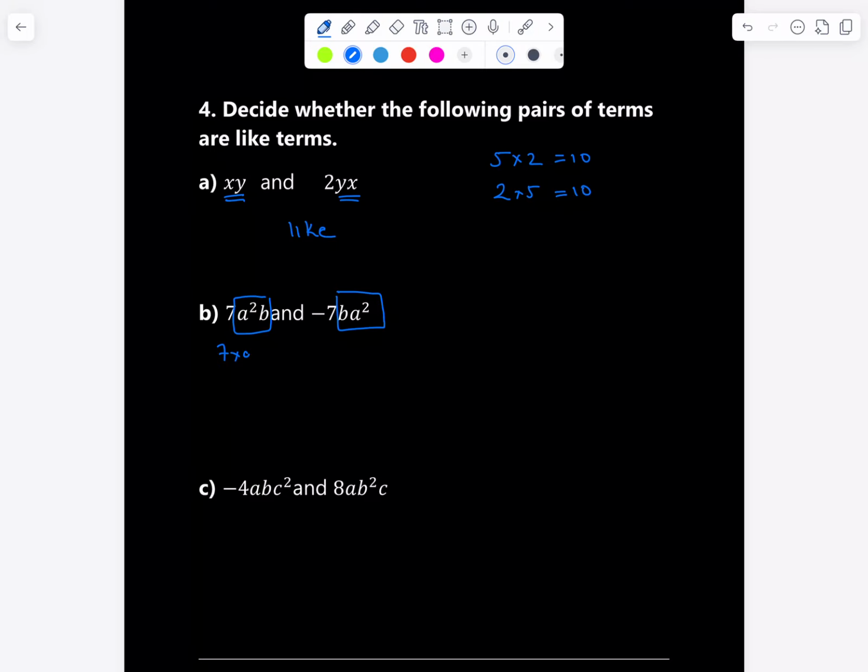This just says 7 times a squared times b. This one says negative 7 times b times a squared. Again, these two letters are exactly the same. They're just in different orders. So this would be like terms.